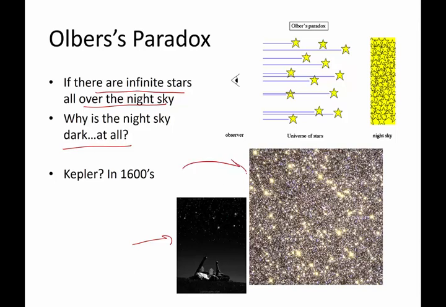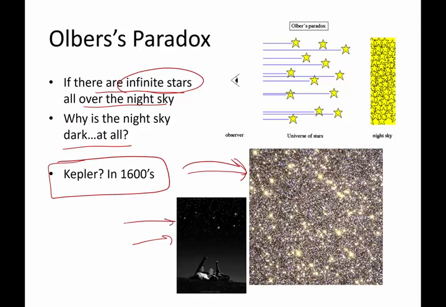But if there is an infinite number of stars, wouldn't the sky look like this? Just one big glitter ball of brightness everywhere? Johannes Kepler asked this question way back in the 1600s. And the fact that the sky does have dark spots between stars tells us an awful lot about the universe.